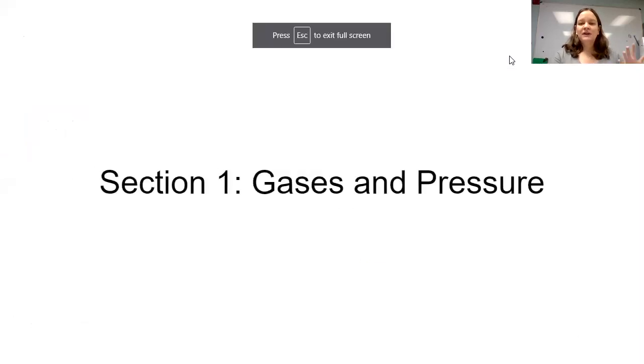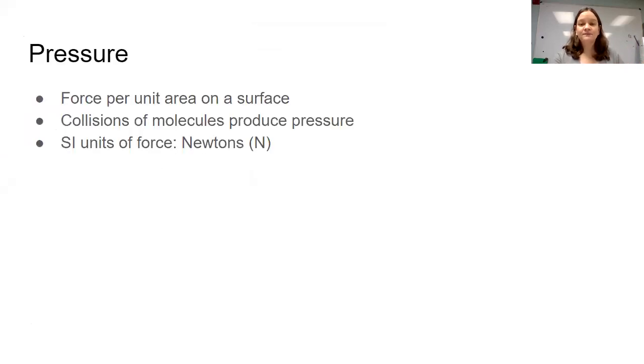All right, so we're discussing today gases and the pressure that they can exert. So here's your definition of pressure. Pressure is the force per unit area on a surface. It is caused by the collisions of molecules. As molecules hit the walls of their container, that produces pressure.